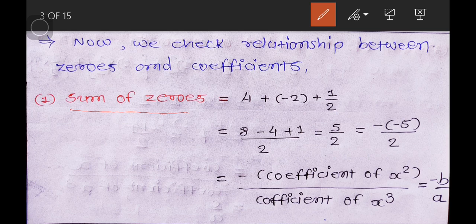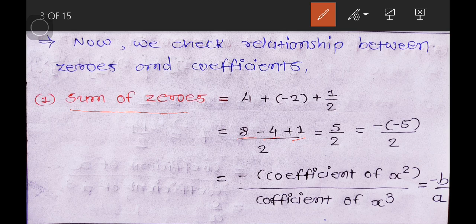Here we get 4 plus minus 2 plus half. So we find the LCM, or make the denominators equal. We multiply 2 with 4, that gives 8, and 2 with minus 2, that gives minus 4, and the half already has denominator 2.